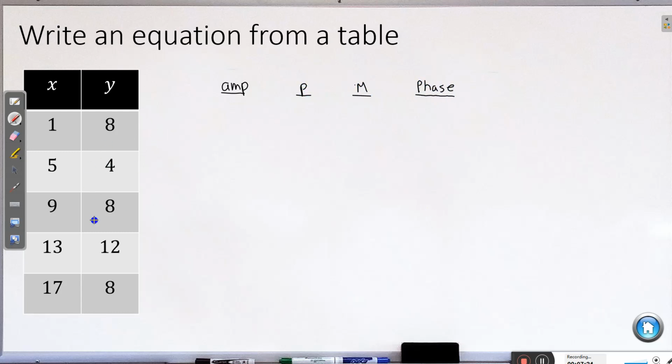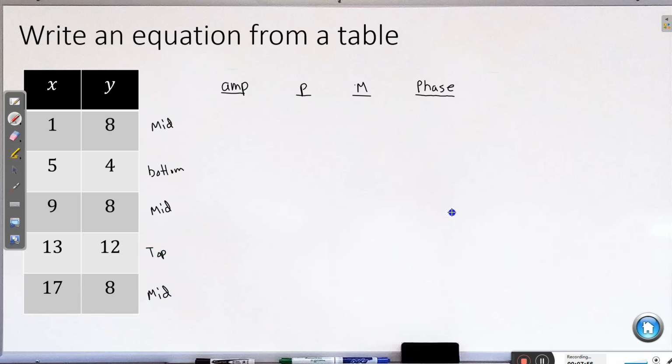We need to know where the top, the bottom, and the middle are. So this wave is going from 8 down to 4, back up to 8, up to 12, back to 8. So it's looking like 8 is the middle, 4 is the bottom, 8 is back to the middle, 12 is the top, and 8 is back down to the middle.